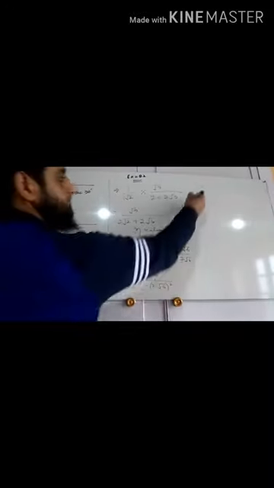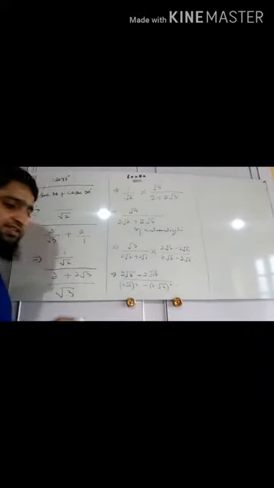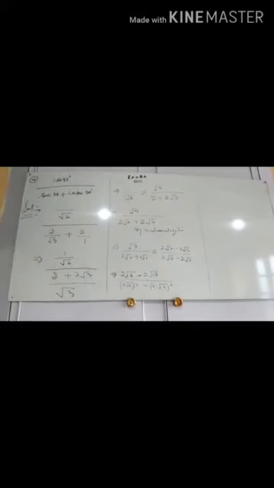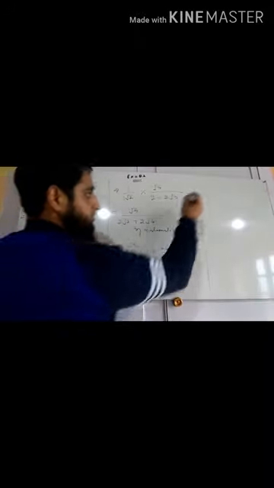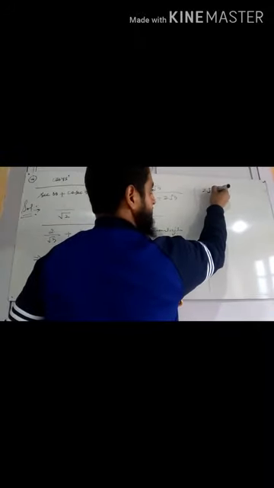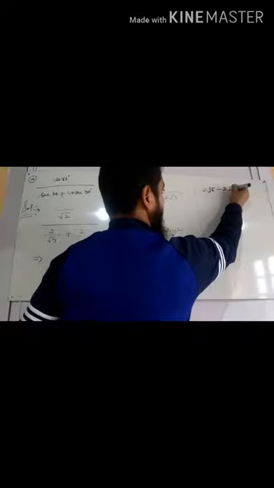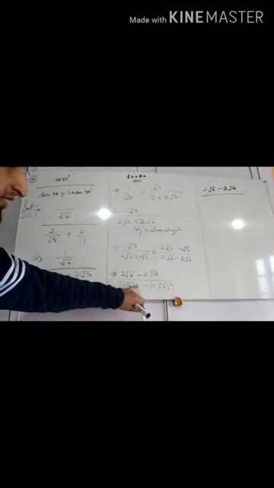After that, I will change the marker. Give me a second. After that, it's 2 root 6 minus 2 root 18 whole divided by the square for everyone.